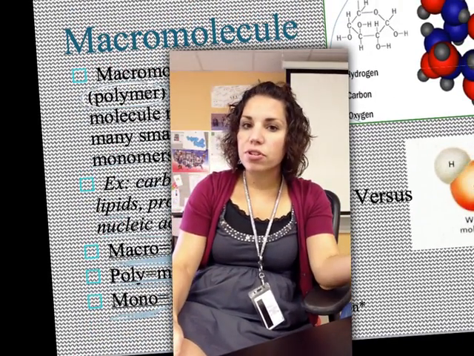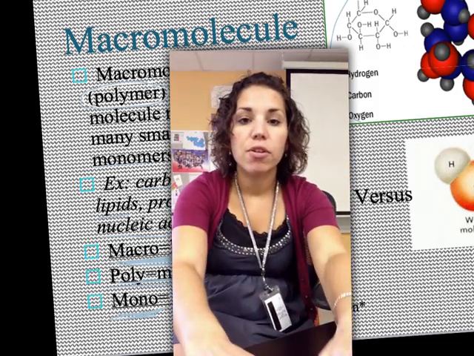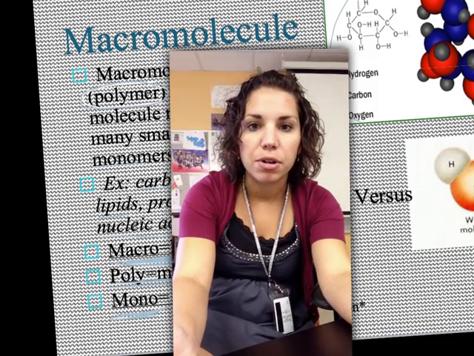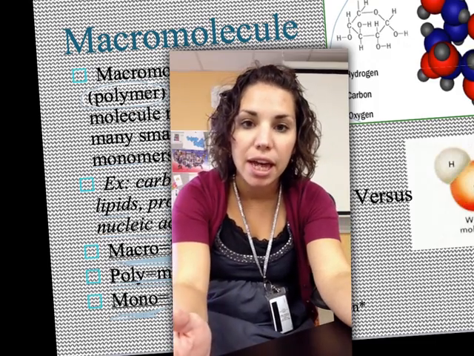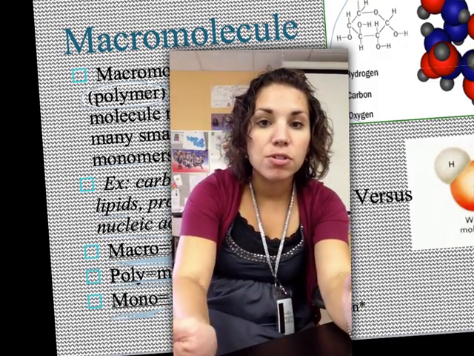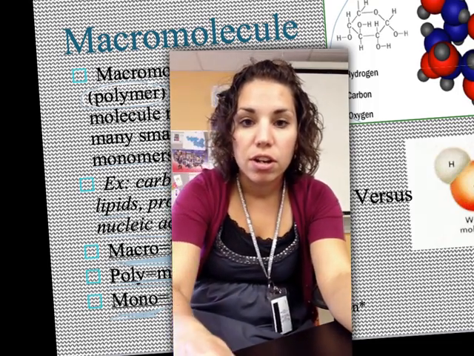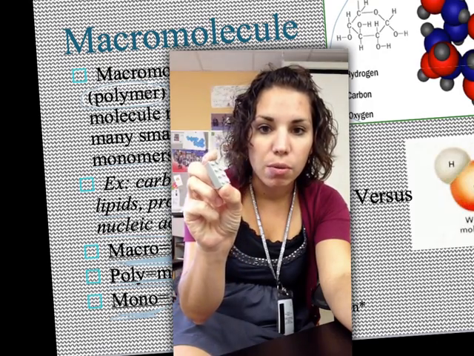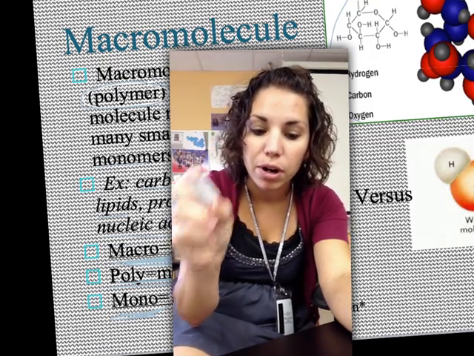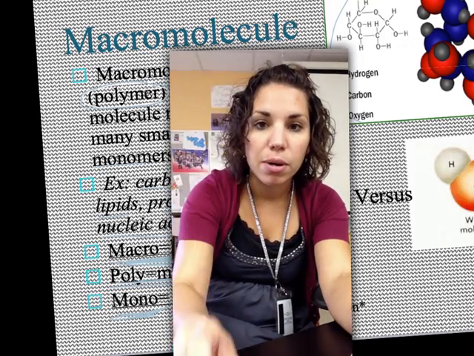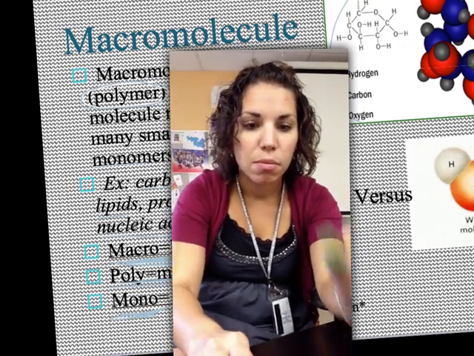Okay, so I'm going to show you a demonstration of a macromolecule or a polymer. So we know poly means many, and polymers are made up of many monomers linked together. Mono means one. So, one Lego, one monomer. Another Lego, another monomer.